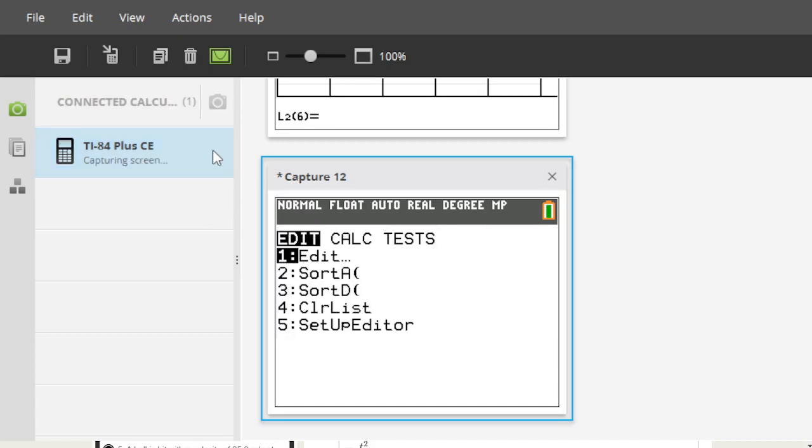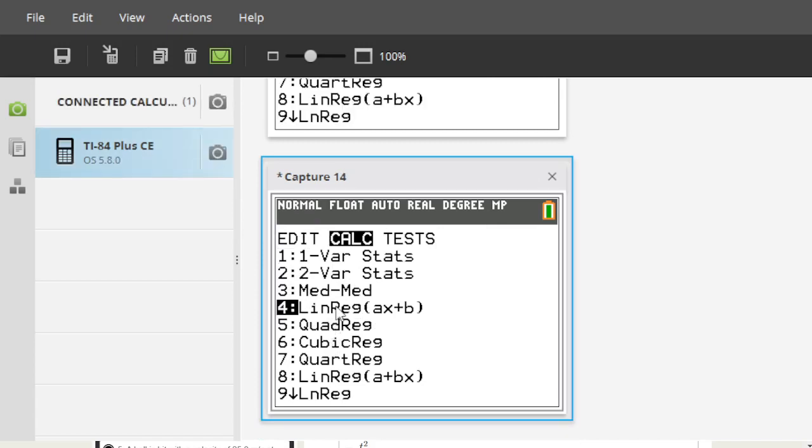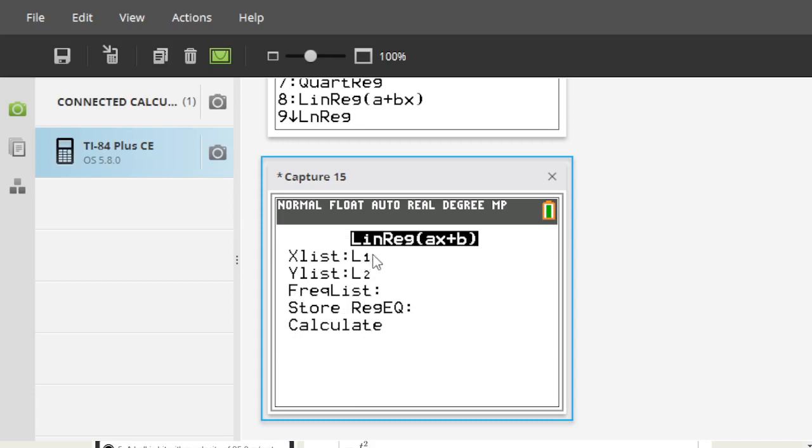We go to our Calc menu. We go to our linear regression option. Notice there's two of them. 4 and 8 will both work as long as you recognize a is the slope of number 4 and b is the slope of number 8. By default, list 1, where we put our x, is our x list, and list 2, where we put our y's, is our y list.